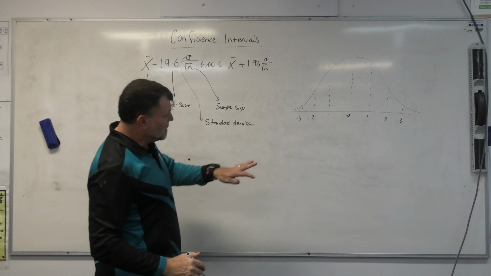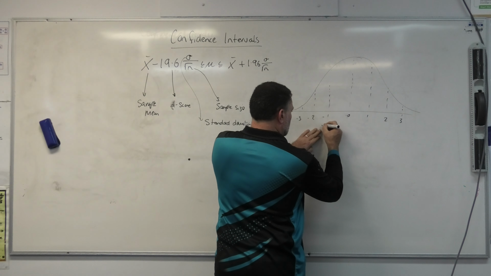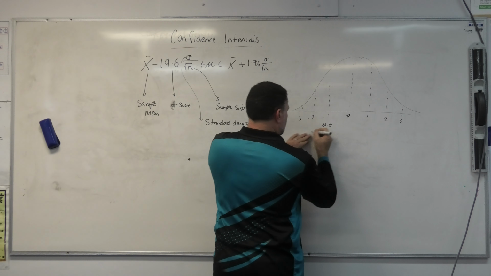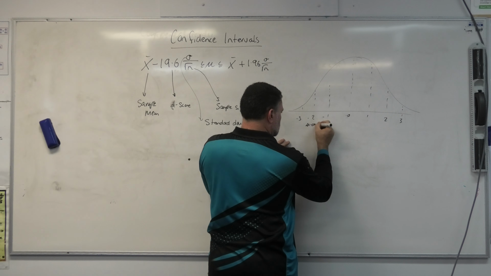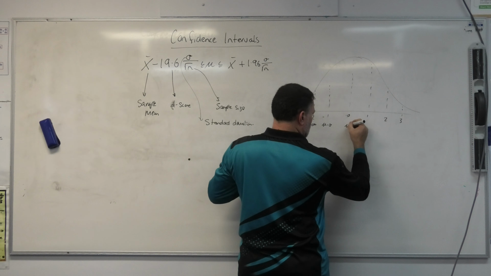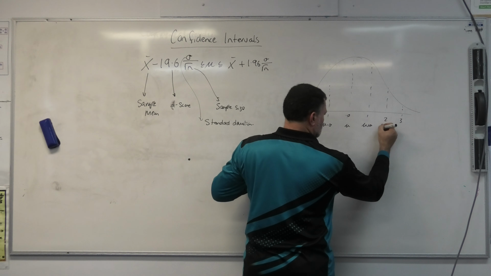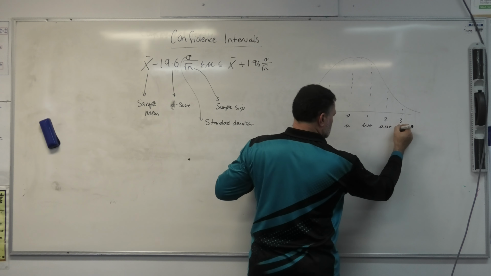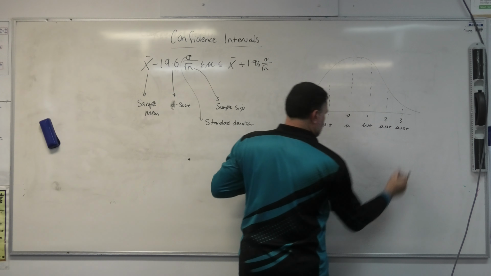We also know that this would be equal to your mean minus deviation, your mean minus 2 deviations, and your mean minus 3 deviations. Your mean plus deviation, your mean plus 2 deviations, and your mean plus 3 deviations.